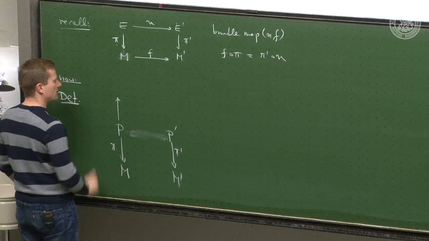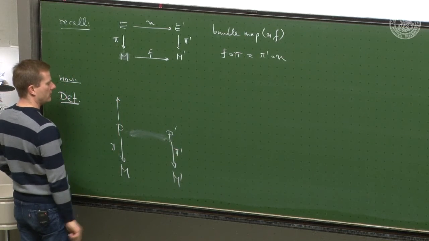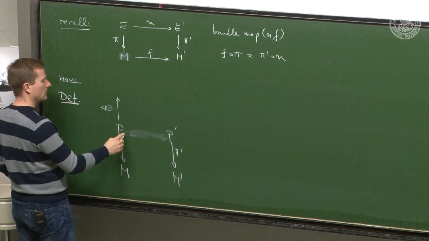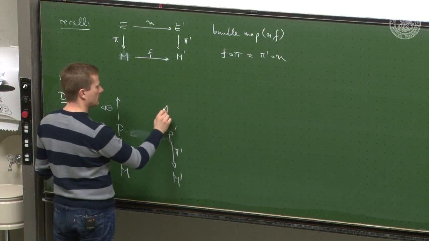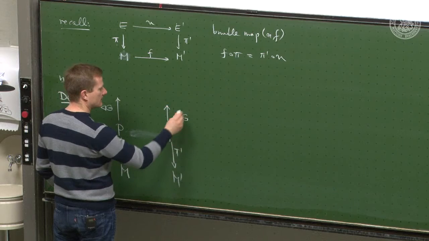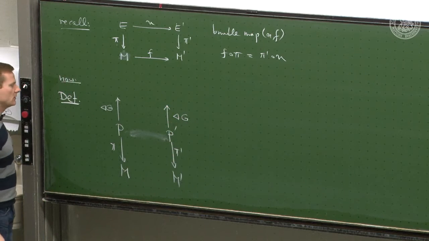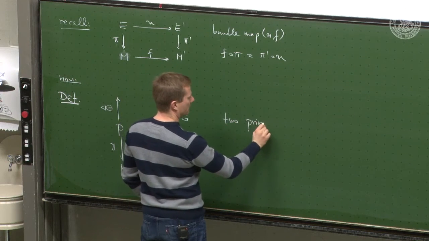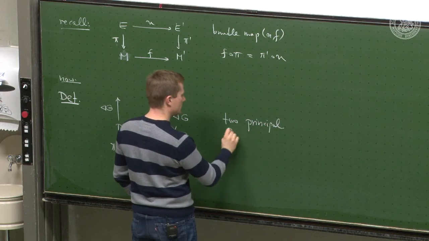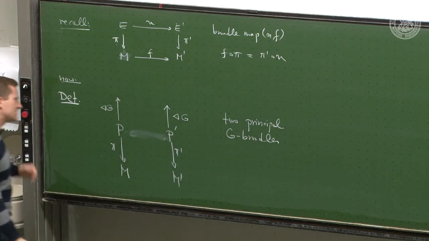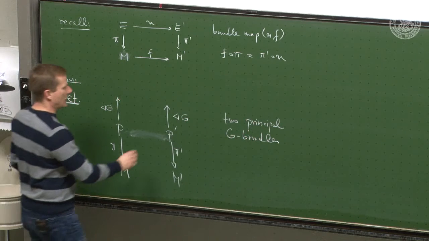Then we also have the action of a group, the right action of a group on this bundle here, and on this bundle we have the right action of a group. Let's say there are two principal G bundles, meaning principal bundles with respect to the same group, but otherwise they're different.